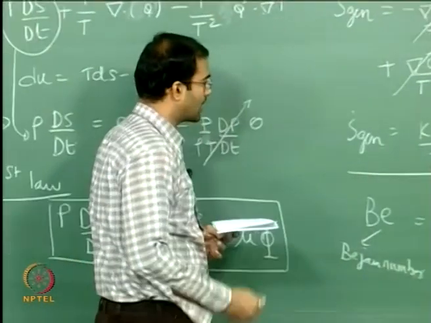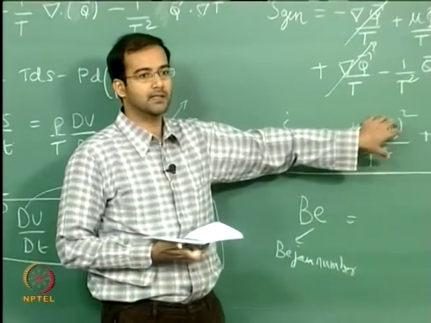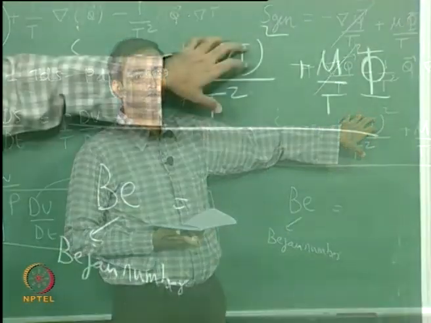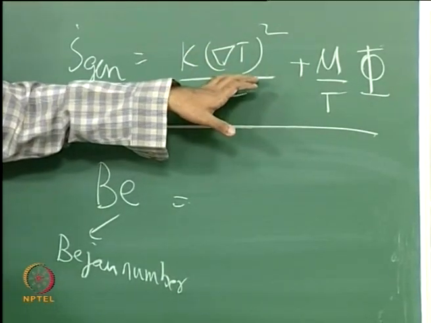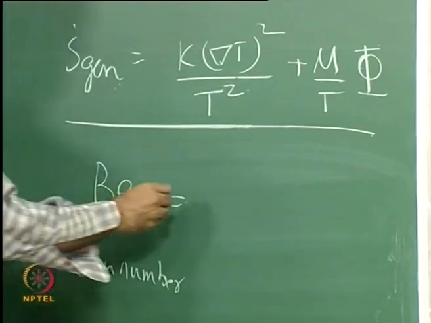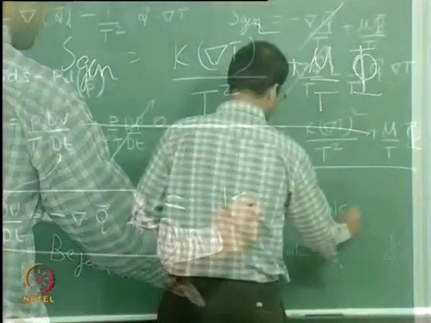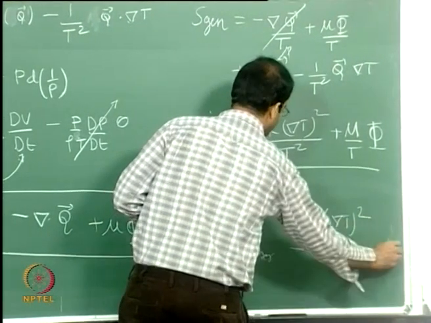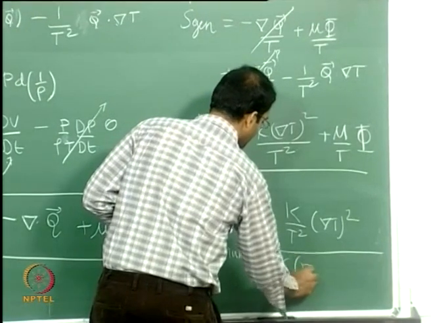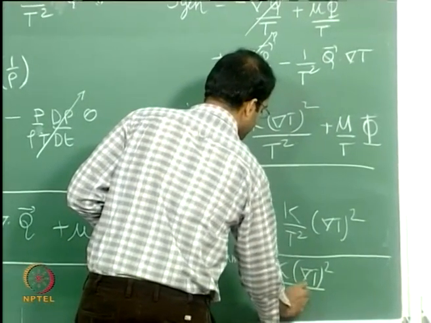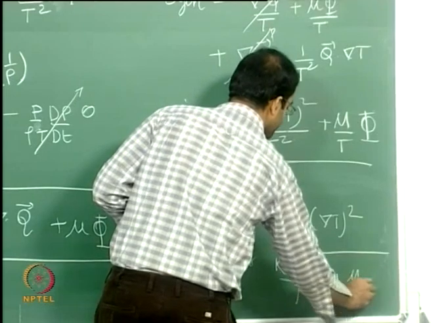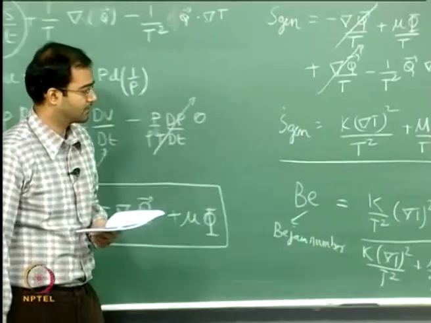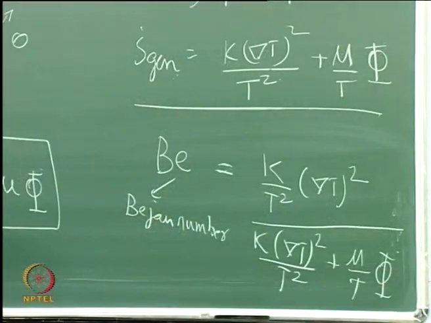He wanted to look at the contribution of the entropy generation by means of conduction as a fraction of the total entropy which is generated. So he has taken this term on the numerator divided by this entire thing on the denominator. So this is called the Bejan number.